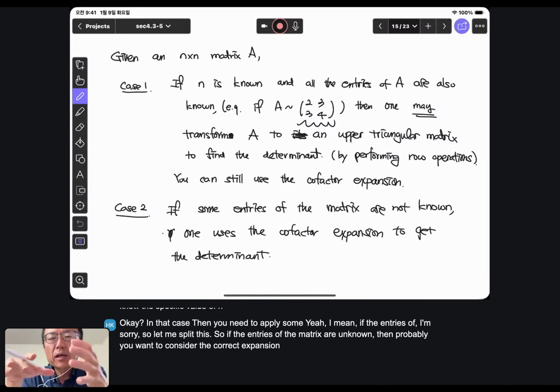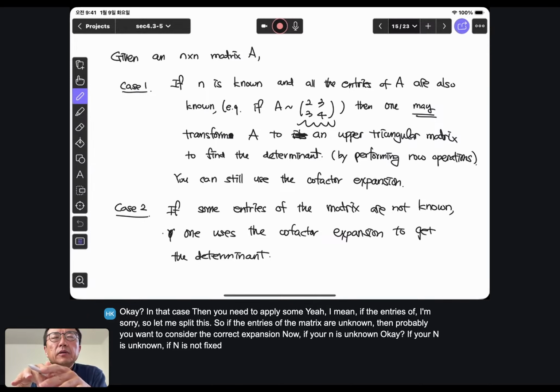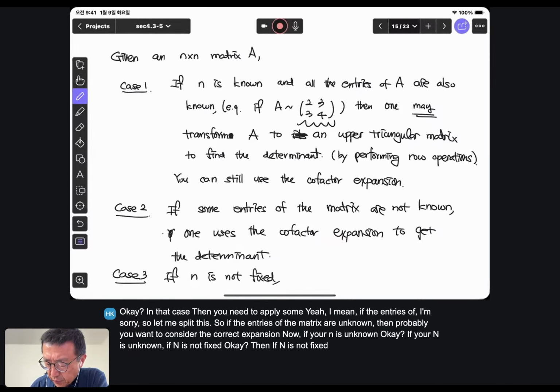Now, if your n is unknown, if n is not fixed, then use some general properties to get the determinant.